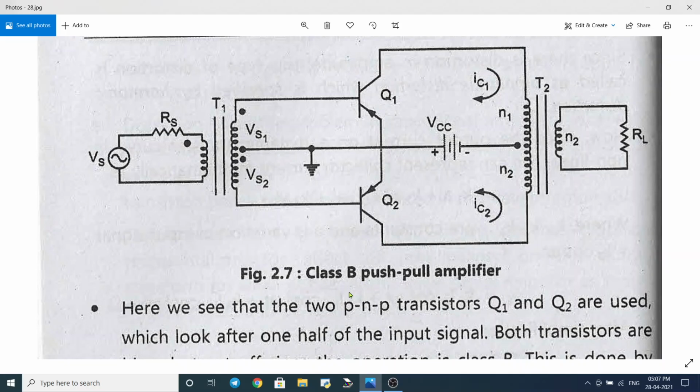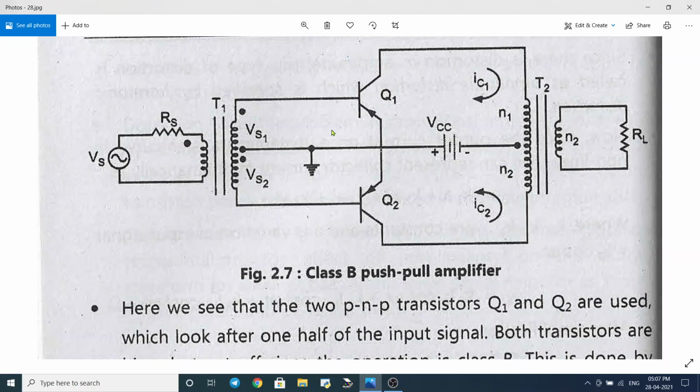Class B mode means what? The transistor conducts only for the half cycle. Each transistor conducts only for half cycle. We know the harmonic distortion problem. The class A power amplifier causes harmonic distortion.